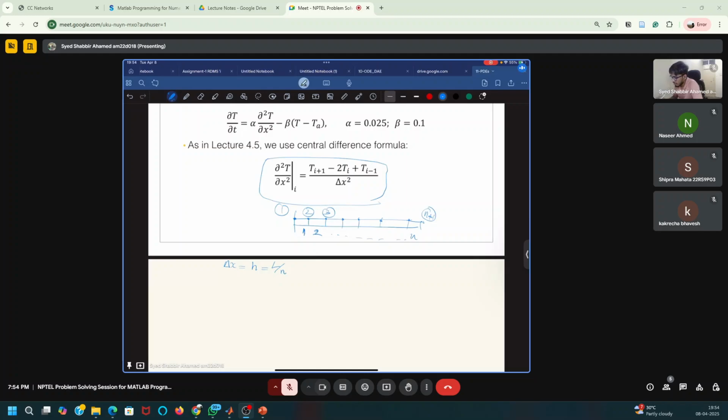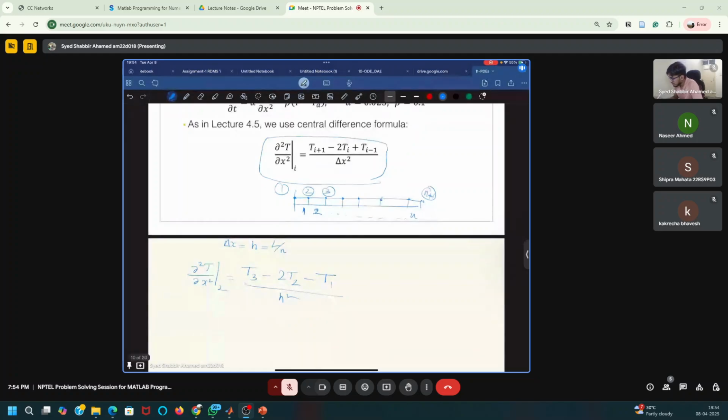So now for each point, you can start from here: d square T by dx square at 2 is equal to T3 minus 2T2 plus T1 by h square. Then you can go to the third point.